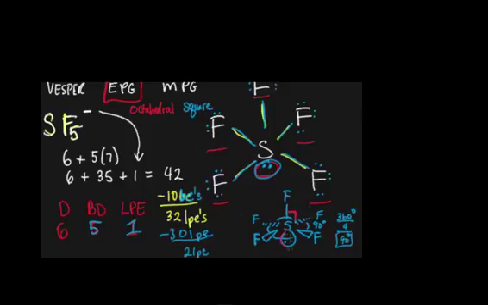But what do lone pairs do? They push them in. They make angles smaller. So these bond angles actually get reduced to smaller than 90. Does that make sense? Okay. So square pyramidal.